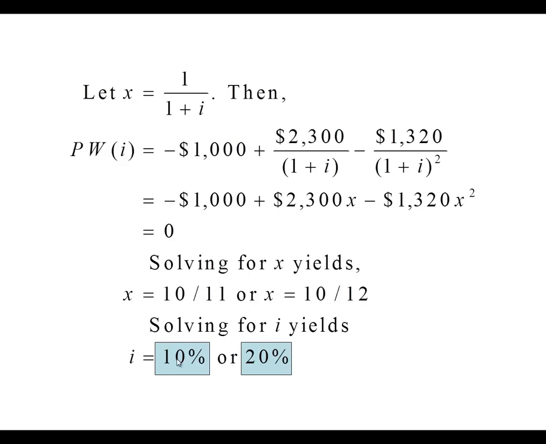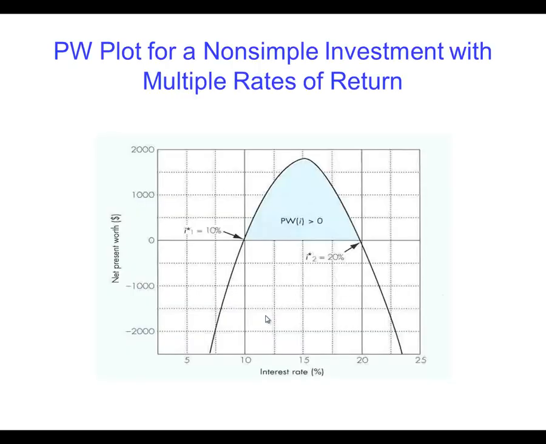As soon as we substitute that in the equation x equals 1 over 1 plus i, we find i, and i is equal to 10% or 20%. Actually, we can graph that and we will have it exactly like this. Because it's quadratic, we will have a shape like that, and we'll have 2 points, 10% and 20%.